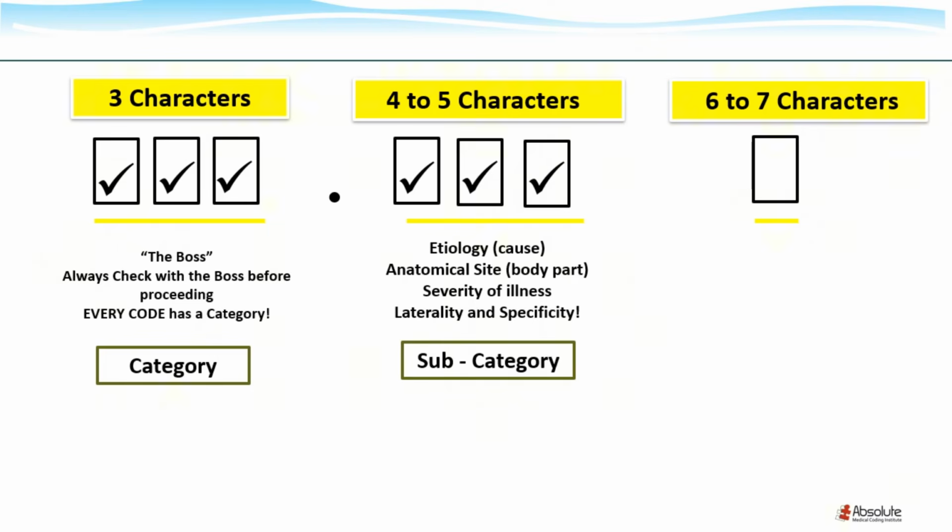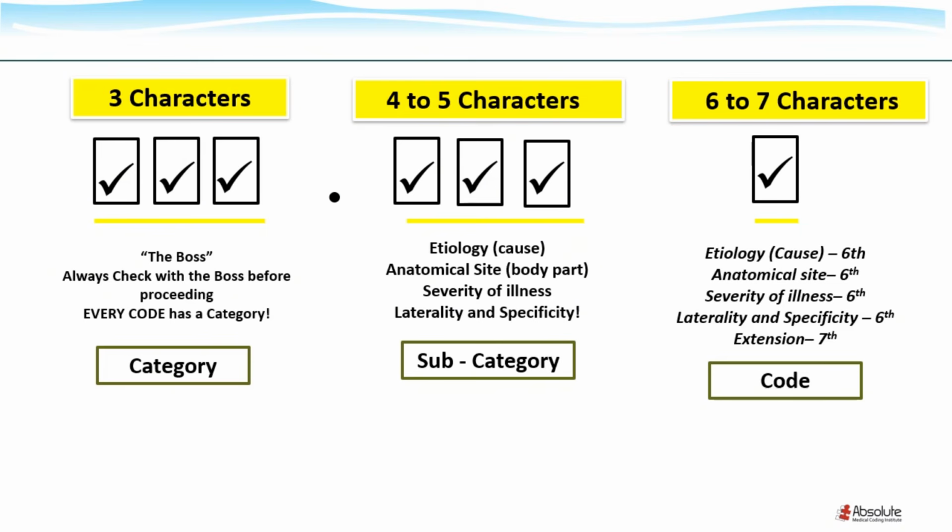Now next, your sixth character space and seventh character space. We call it the code, but the sixth character space often acts like the fourth or fifth characters. The sixth character space describes the etiology, the anatomical site, the severity of illness, the laterality, specificity. However, that seventh character space describes the extension, the extender.